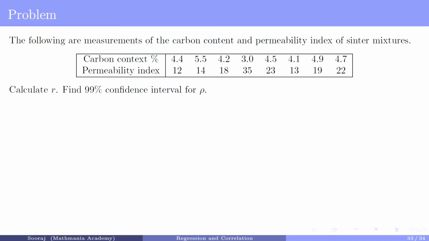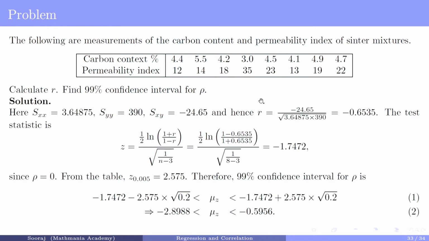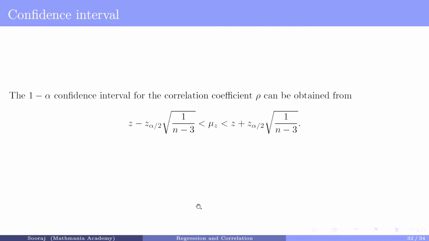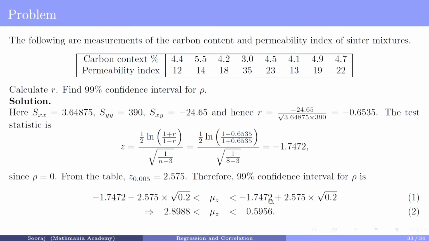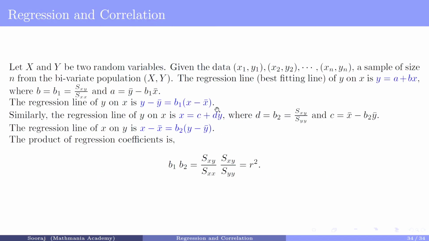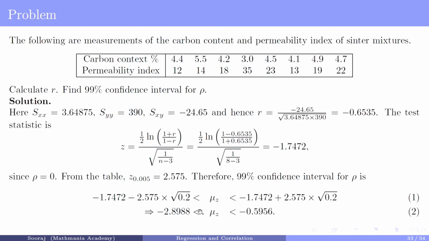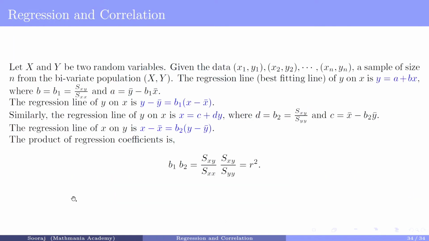Once it is calculated, we calculate the Z statistic and the table value, and substitute them in this. This is the confidence interval for rho. I think there is some typo in it. You can check the calculations by yourself.